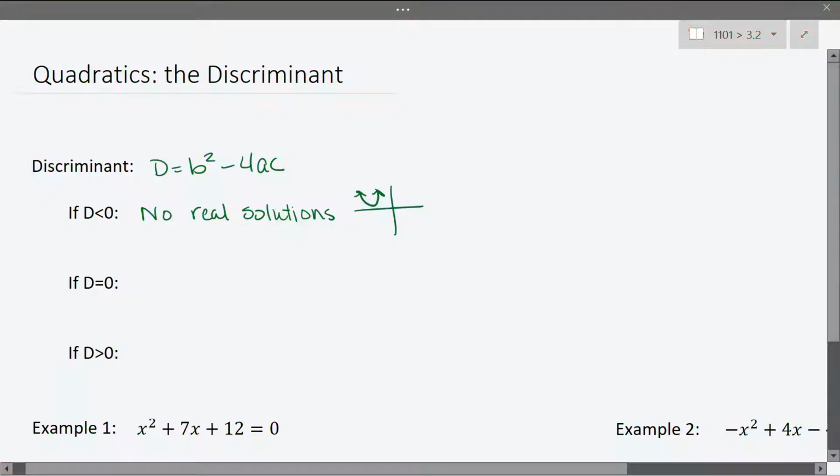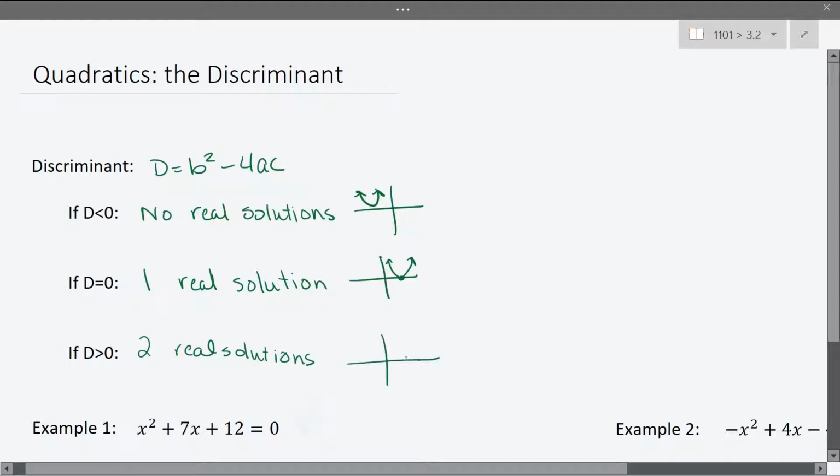If d is equal to 0, we have one real solution, which tells us that it only touches the x-axis at one point. Next, if d is greater than 0, we have two real solutions. So our parabola touches the x-axis at 2 points.